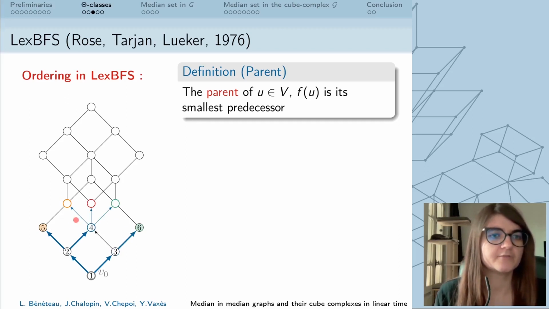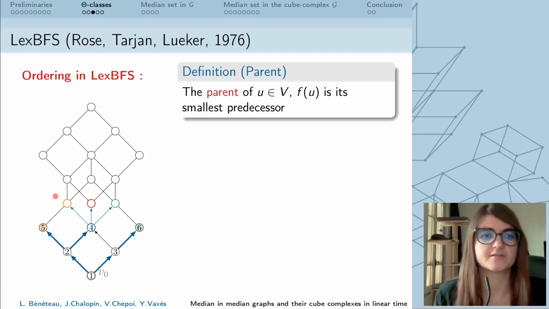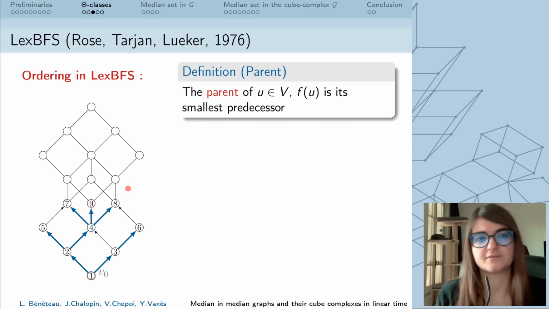Okay. Now moving to the 3 vertices that have 4 as a predecessor. As you can see, there are 2 of those vertices that have a second predecessor in the LexBFS. So first we add the one with the smaller second predecessor in the LexBFS, then the other, and then the one that has only 4 as a predecessor.